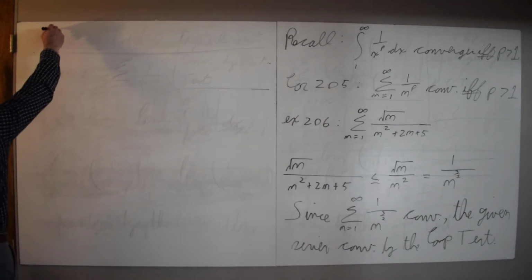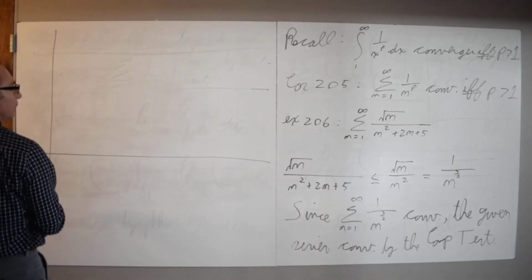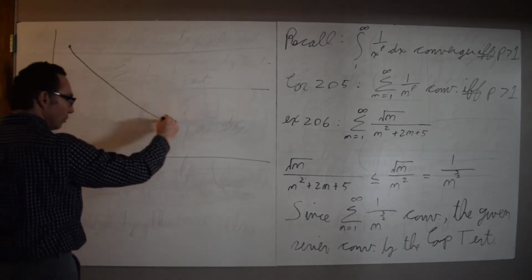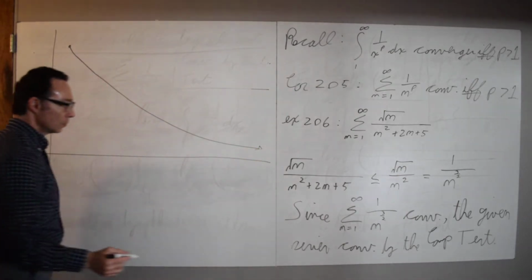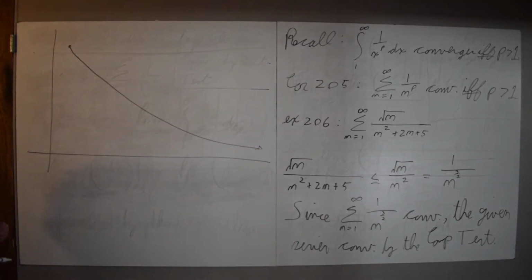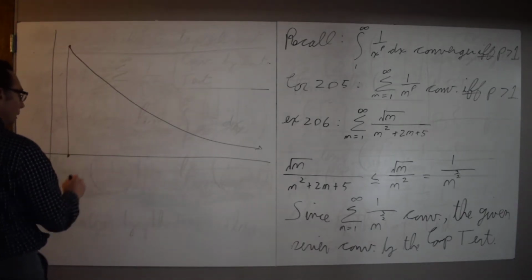So let's suppose we have our continuous, decreasing function, such that the limit as x goes to infinity of f of x is 0. Here's 1.